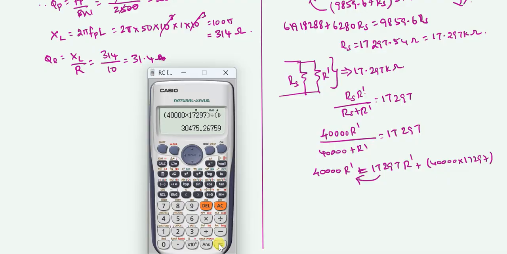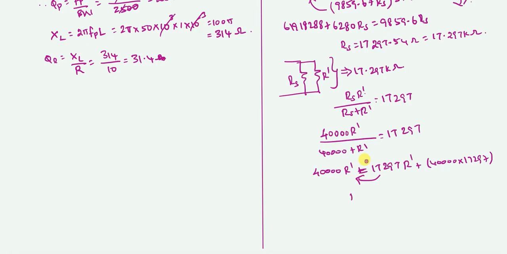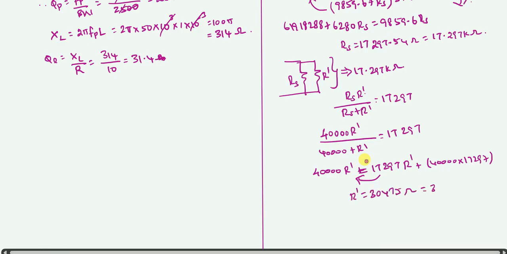If I get this, it is around 3475. Therefore 3475 ohm. So it is 30.47 kilo ohm. So in reality the nearby resistance is 30 kilo ohm.